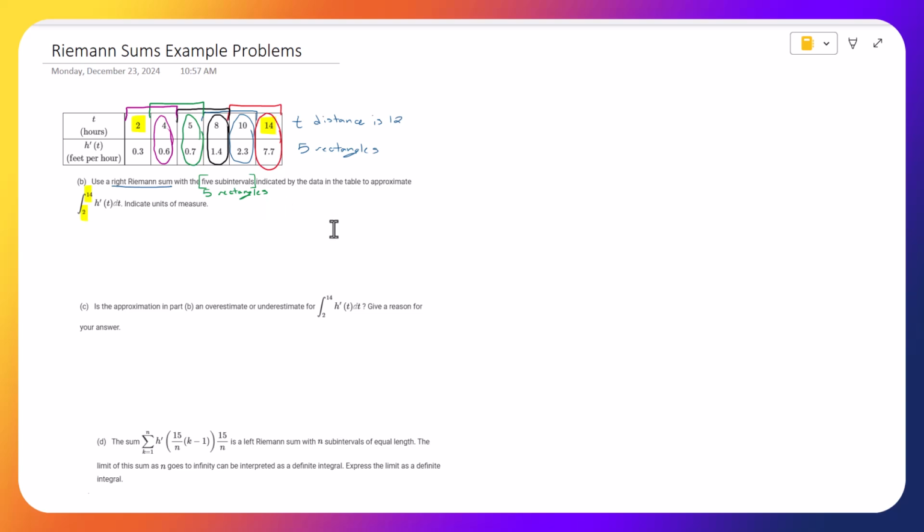Okay, and now let's put that into our equation. This question is worth 3 points, and I'm going to go through what we need for each of the 3 points. Okay, so first off, we are approximating, so let's write that: this integral from 2 to 14 of h prime of t dt is approximately, and then let's use our right Riemann sum.